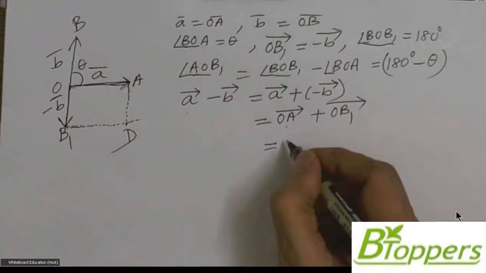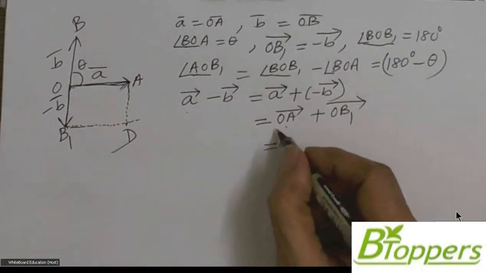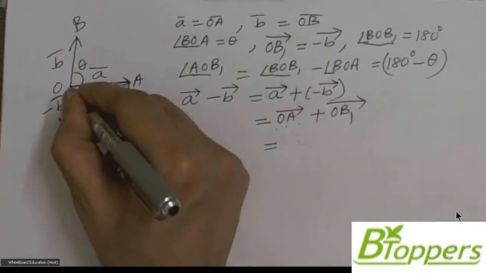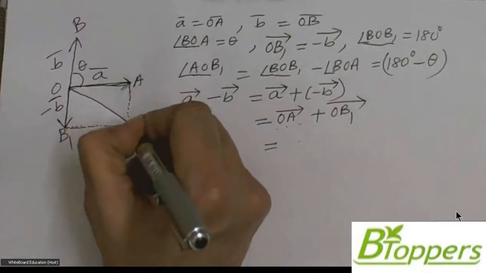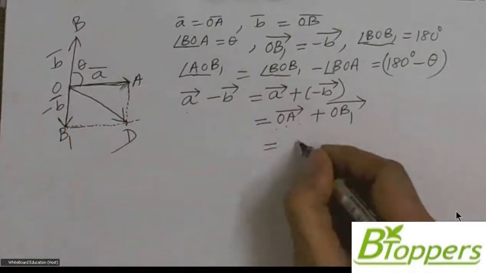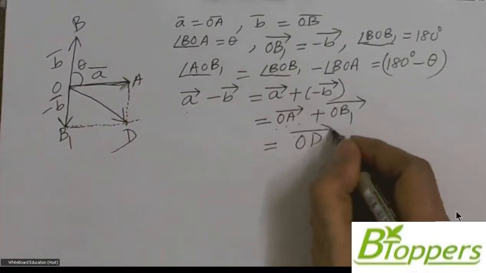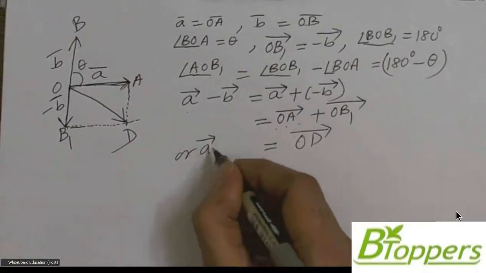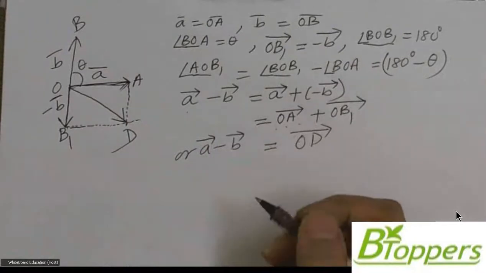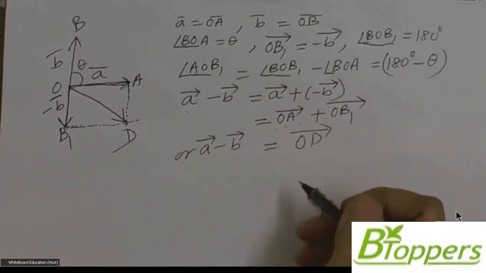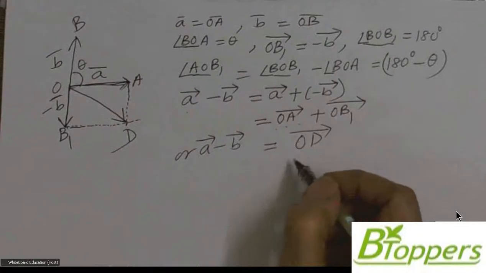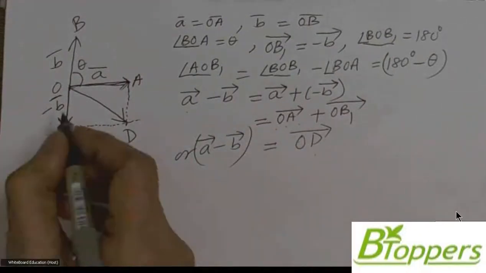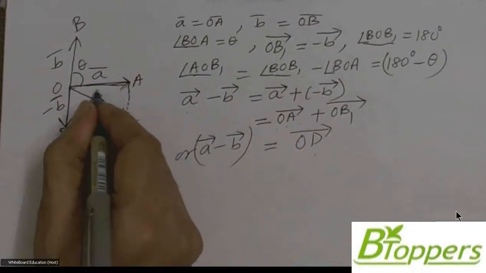So from the parallelogram law of addition of vectors, the vector sum of OA bar and OB1 bar will be equal to OD bar. So in the diagram, the directed line segment OD bar represents the vector A bar minus B bar.